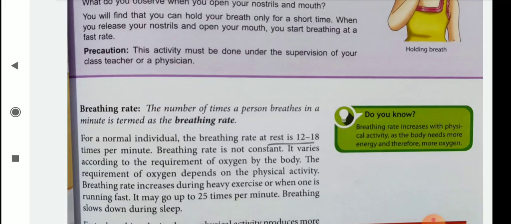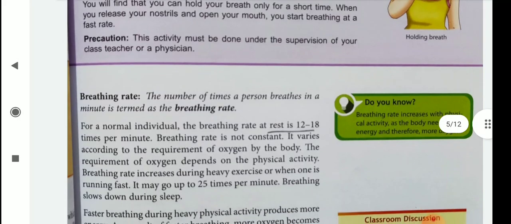The requirement of oxygen depends on the physical activity. Breathing rate increases during heavy exercise or when one is running fast. At that time our breathing rate increases. But at rest, meaning sleeping time, it slows down. Okay.